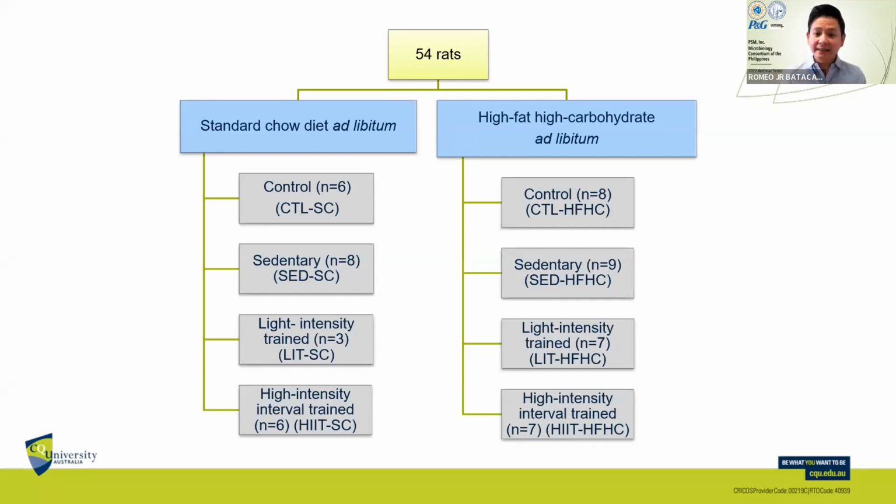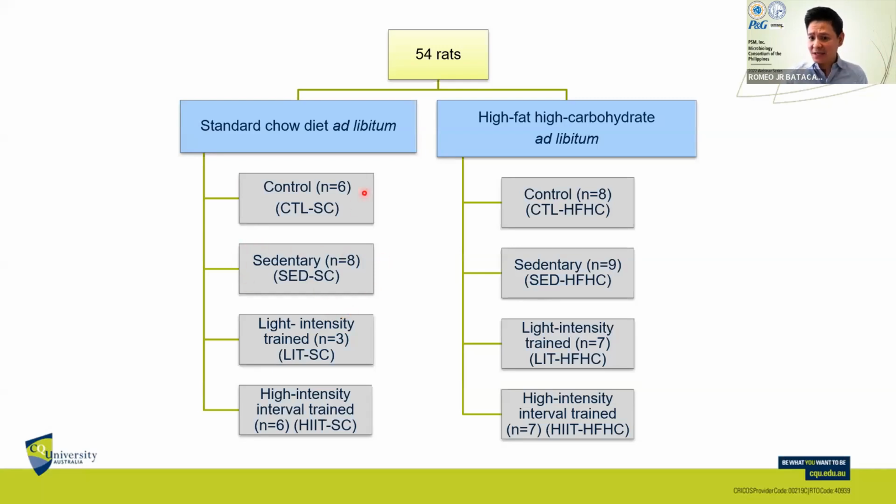Hence, to shed light on these questions, we investigated the intestinal microbiota responses of rats fed a high-fat, high-fructose diet, the so-called Western diet, and the normal standard chow diet, for a duration of 12 weeks using 4 activity conditions: controlled, sedentary, high-intensity interval training, and light-intensity training.